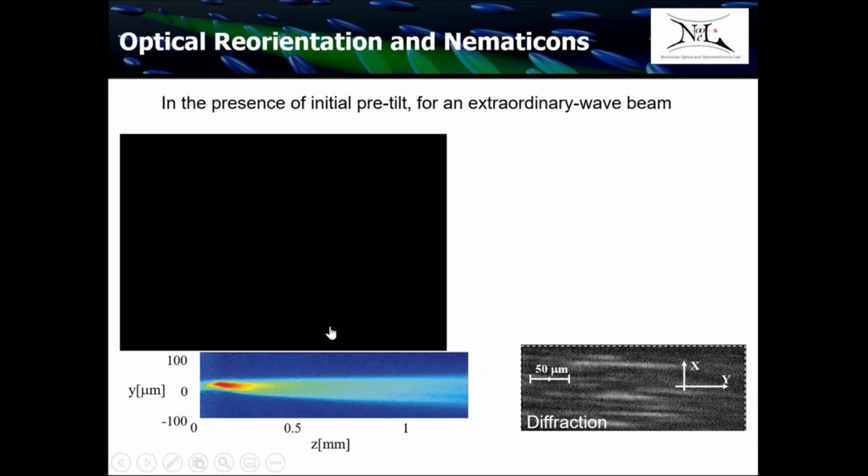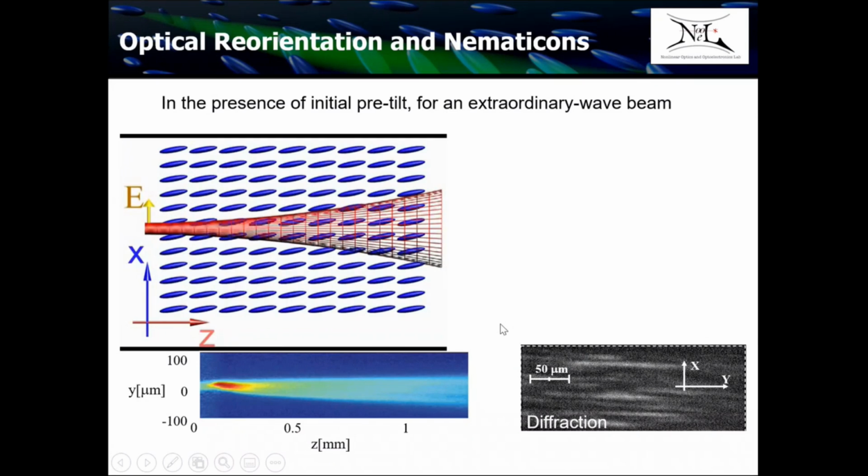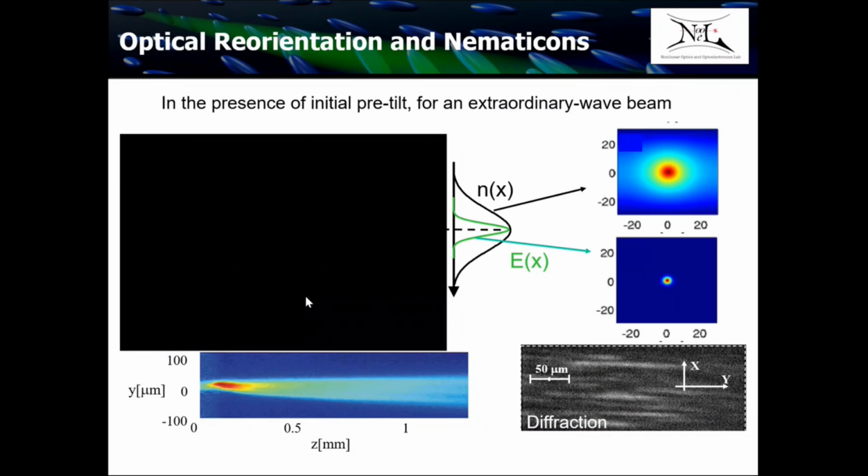This increase in theta will increase the refractive index. And this increase in refractive index will eventually form a waveguide, as I described before, by which the beam will self-confine into a soliton. And so at the output, instead of diffraction, I will get a self-localized beam, which is self-guided by the waveguide induced by this nonlinear response.